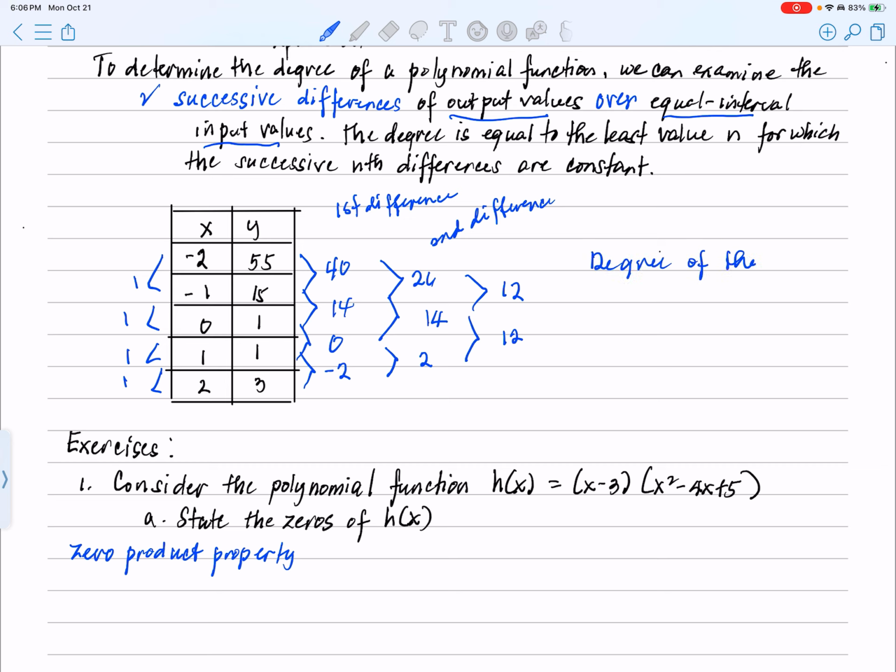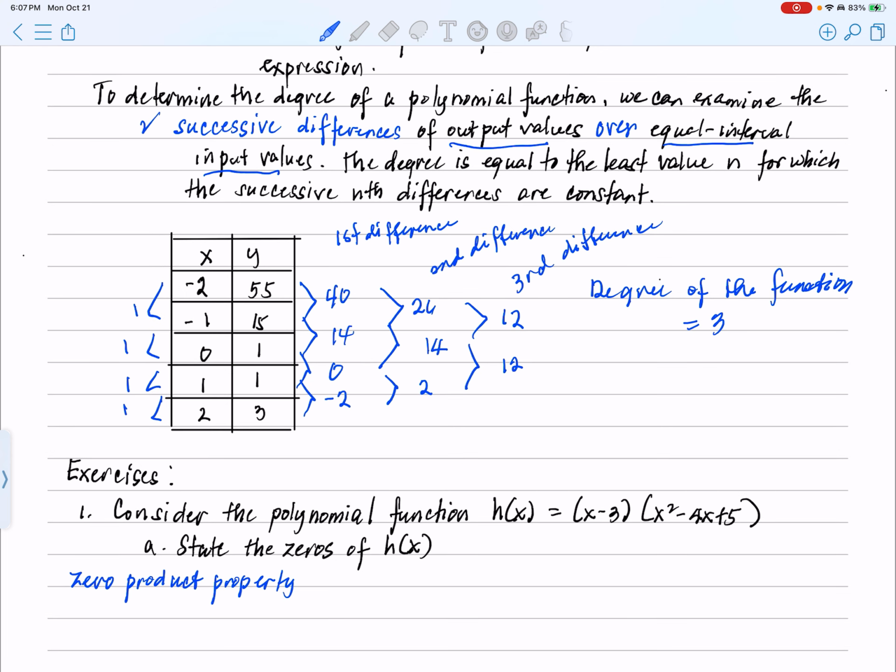At this point, where it has a constant value, the degree of the function is 3.